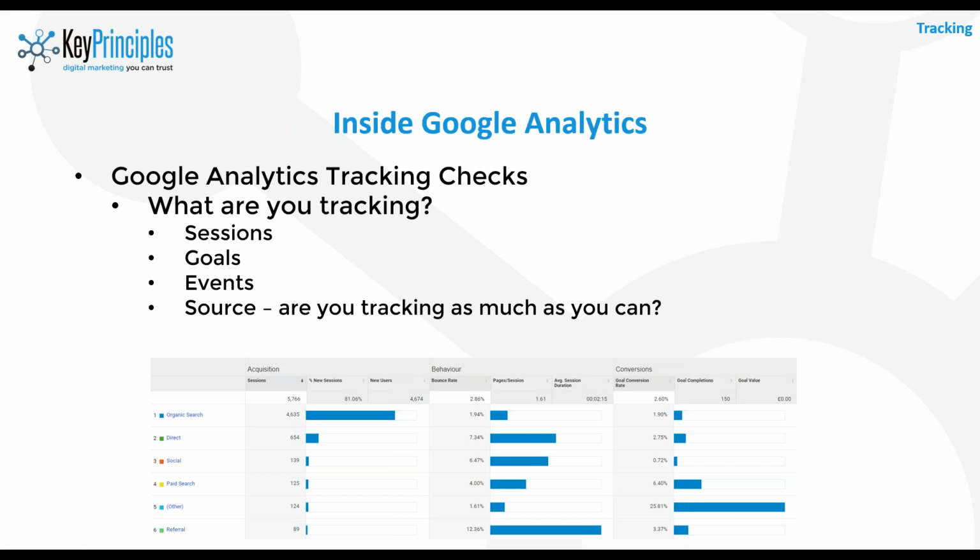For some reason, there is a massive increase in other. My guess on this one is it's most likely going to be email marketing, something that I believe is crucial to any business. So in this instance, that's most likely going to be what it is, certainly with those conversion rates.